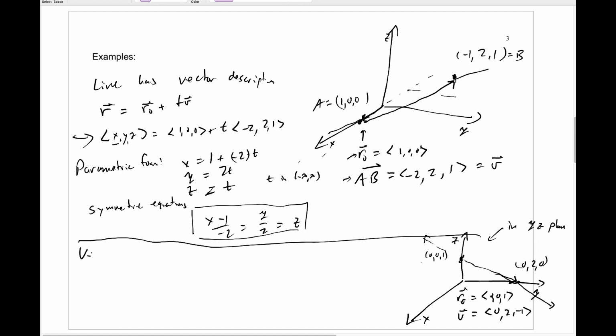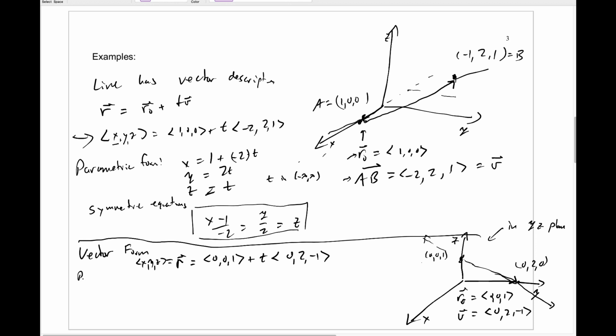So we'll have the vector form of this particular line is just r equals r naught, which is the vector 0, 0, 1, plus t times the direction vector 0, 2, minus 1. And remember, r is just this vector, x, y, z.